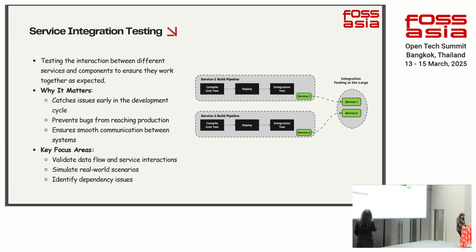The next topic is service integration testing. When we have a large-scale application, there are multiple services involved, and these services interact with each other. When so many large-scale services are interacting, there can be huge dependency issues. So we have to test each service as it interacts with the other, and see how they perform.